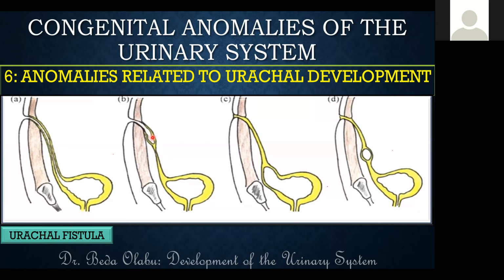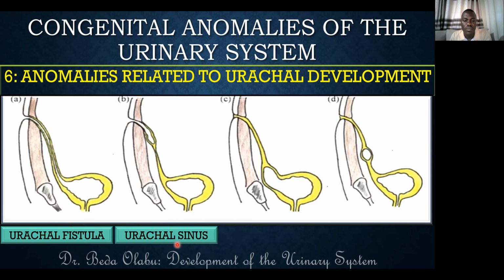Okay, what do you call this anomaly here, where we have a tract with a blind end arising from the umbilicus? Atresia? Not quite, not atresia. You use the term atresia if something was supposed to be there, then it's blocked. Here, it's an abnormal tract with a blind end. Well, I have no idea. Okay, I'll guide you on this one, then you'll give me the name for the second one. So this is what you call a sinus. You can call it urachal sinus or umbilical sinus.